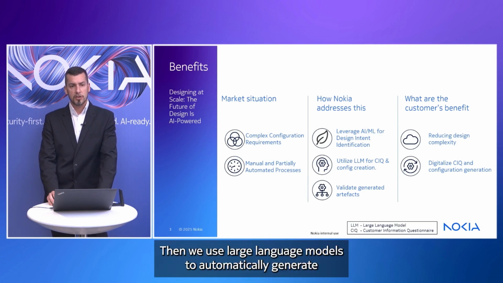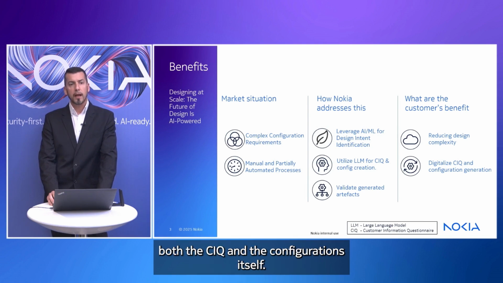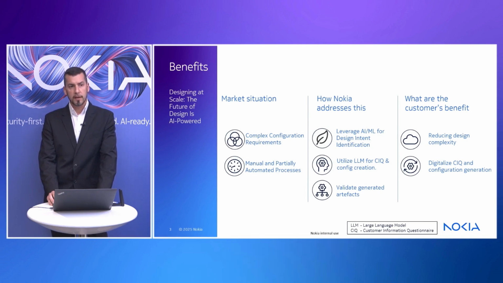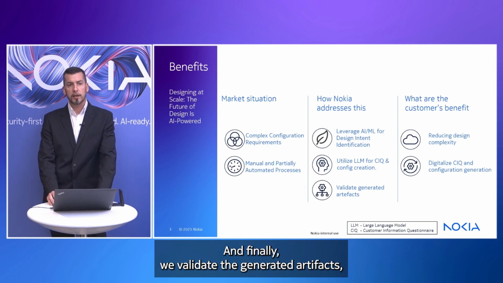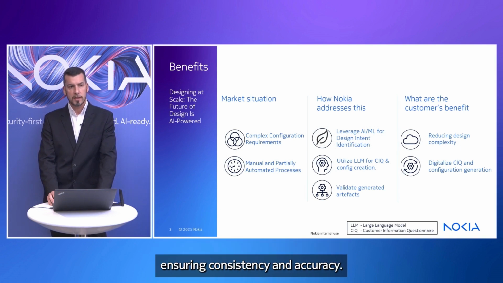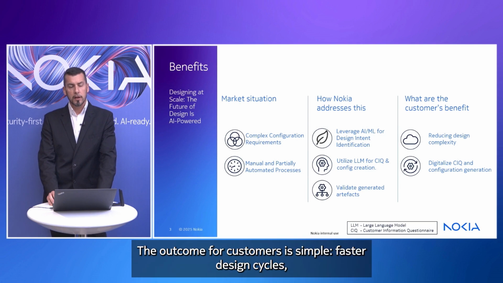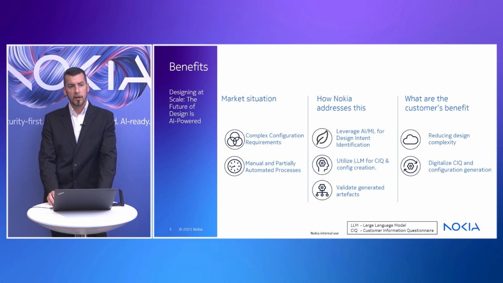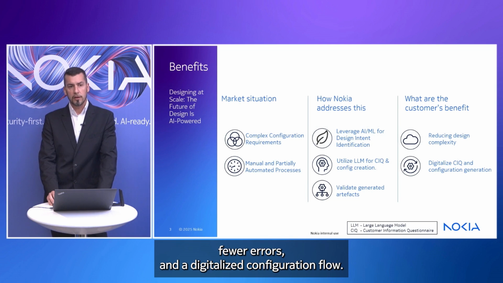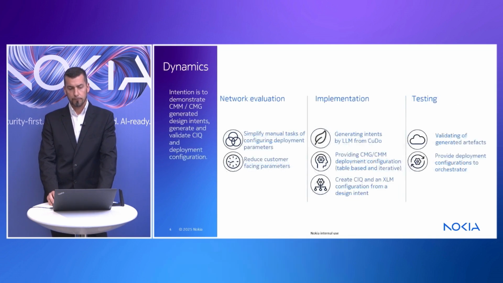Then we use large language models to automatically generate both the CIQ and the configurations itself. And finally, we validate the generated artifacts, ensuring consistency and accuracy. The outcome for customers is simple: faster design cycles, fewer errors, and a digitalized configuration flow.